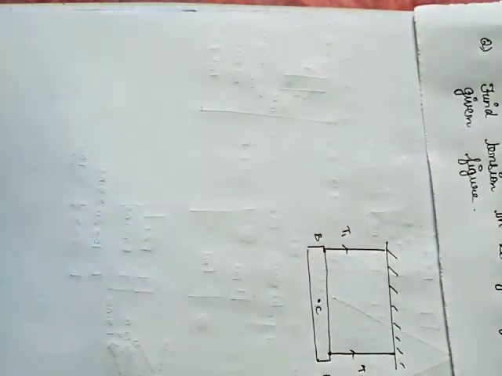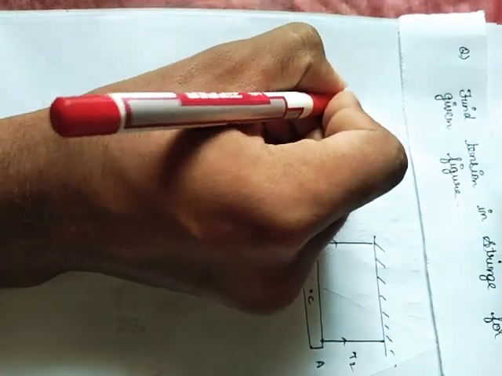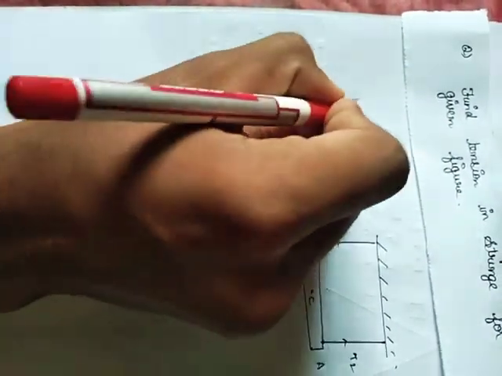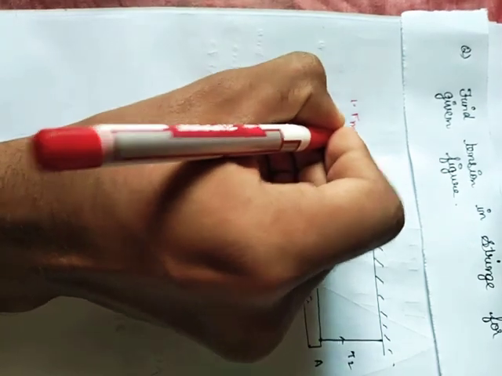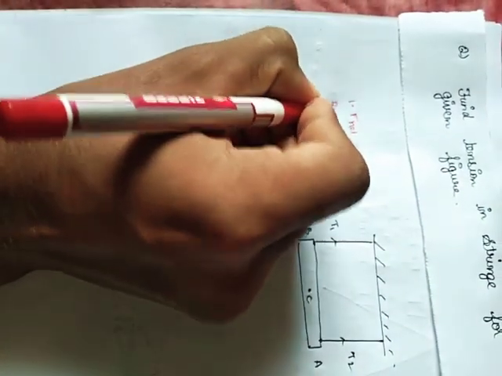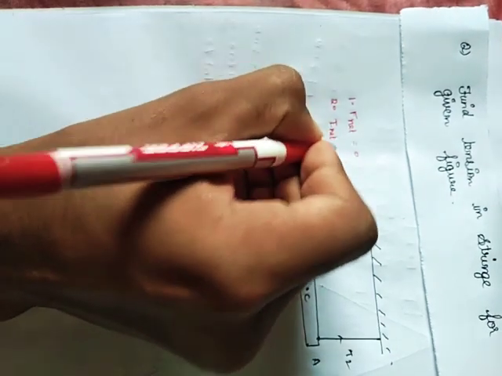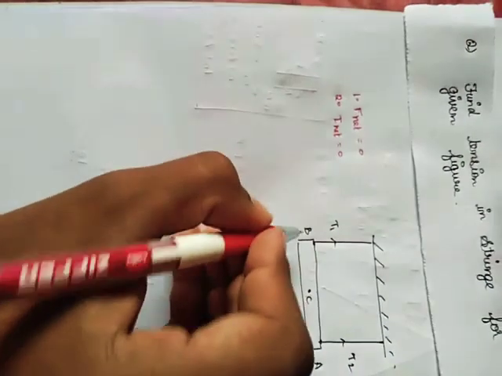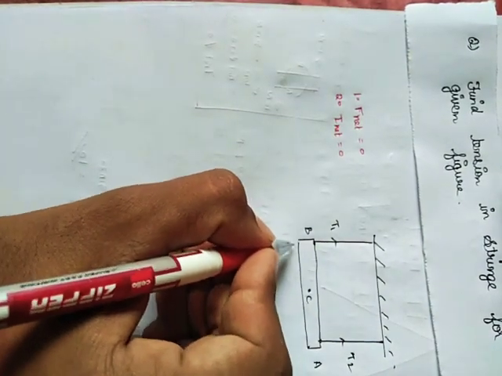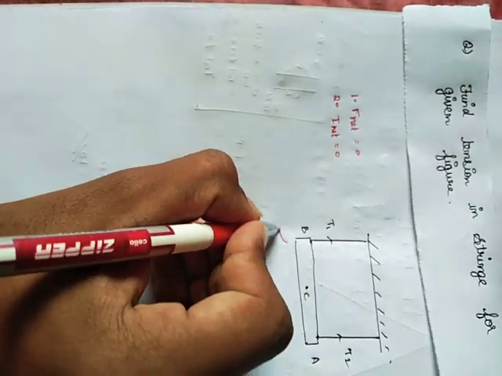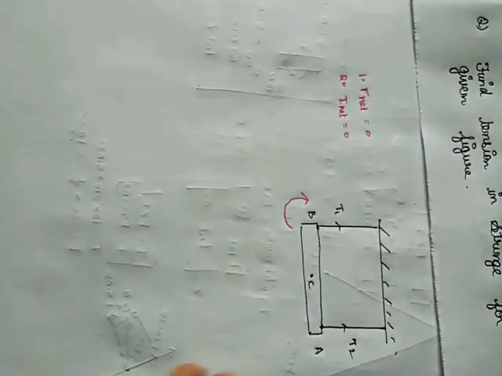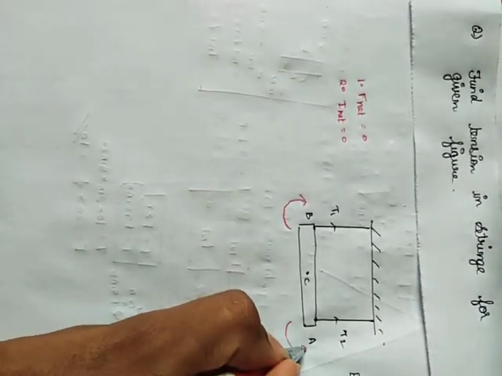Whenever the system is said to be in equilibrium, we have 2 points. The first point is F net is equal to 0, and the second point is torque net is said to be 0. In this, the direction of the rotation when it is in equilibrium seems to be in this direction, and this seems to be in this direction.